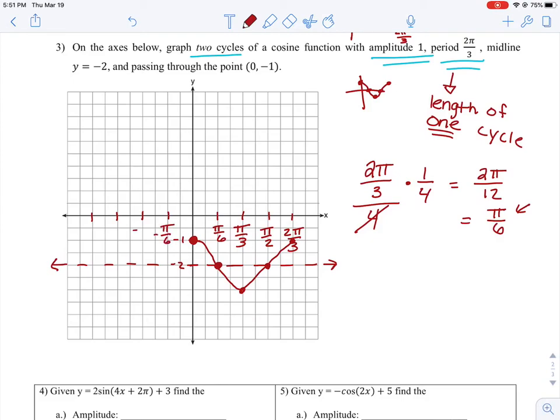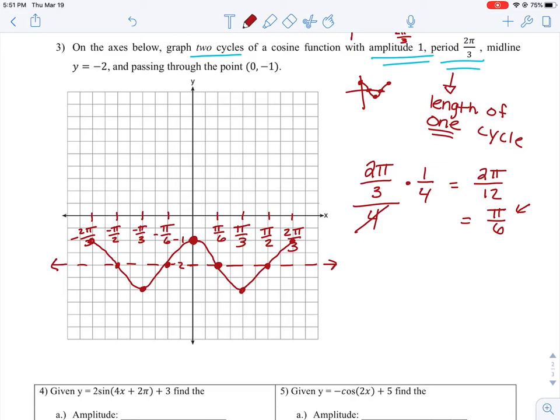Negative pi over 6, negative pi over 3, negative pi over 2, and negative 2 pi over 3. I'm going to continue. So I'm going to go back to its midline, minimum, midline, and maximum.